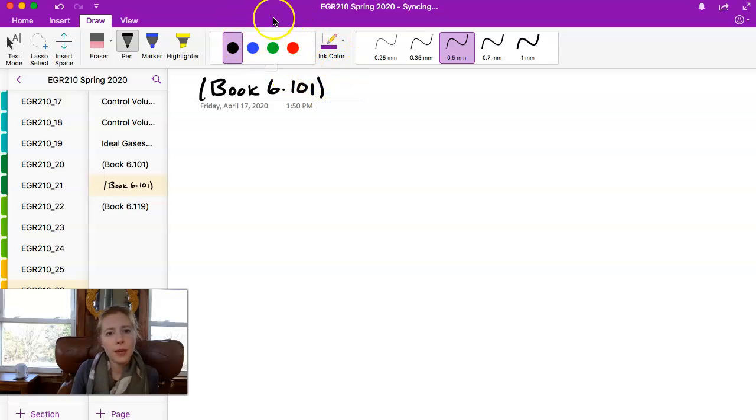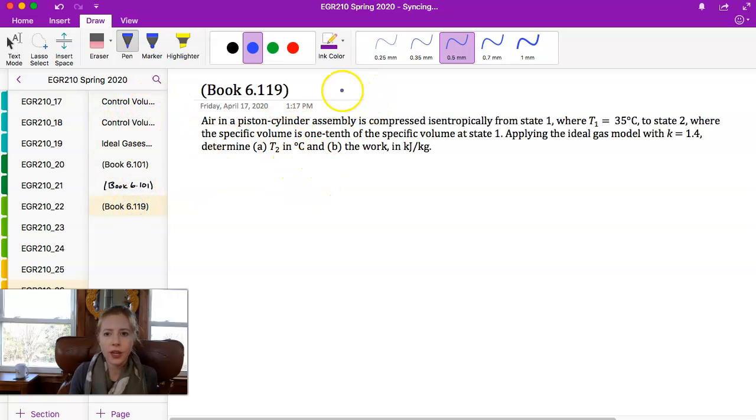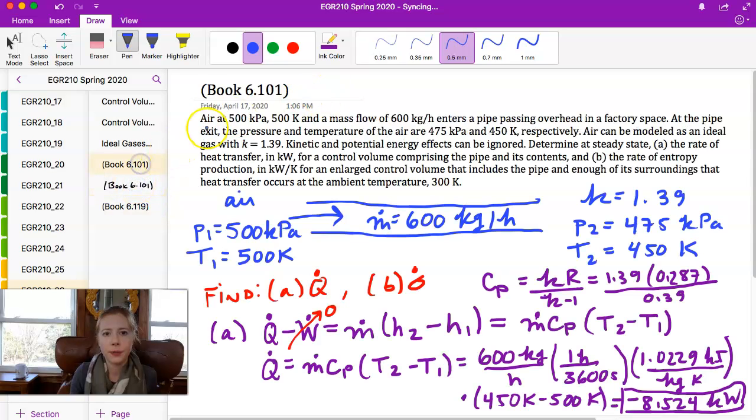So for part B, we are looking for the entropy production, the rate of entropy production. And so in this process, okay, we're dealing with steady state.